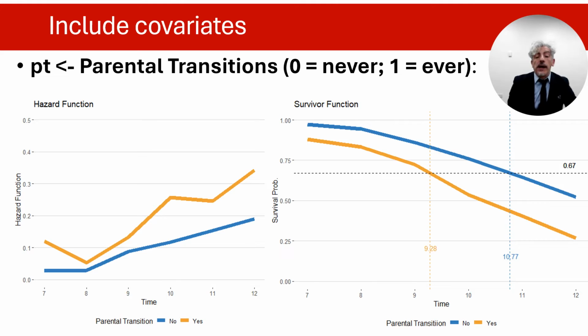By grade 12, approximately half of the adolescents with no parental transitions have had sexual intercourse, whereas roughly 3/4 of those who had been exposed to parental transitions before grade 7 have had sexual intercourse. Note also that since the survival function of the group with no parental transition did not reach the midpoint where 50% have a probability to have experienced the event, it is not possible to calculate the exact median lifetime for this group.